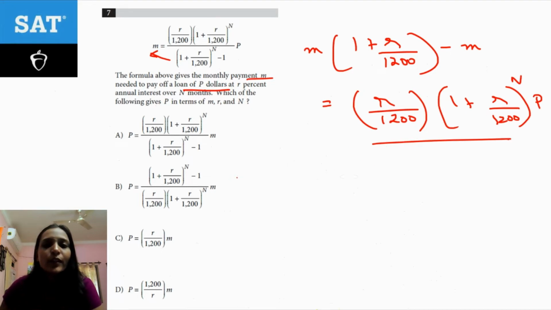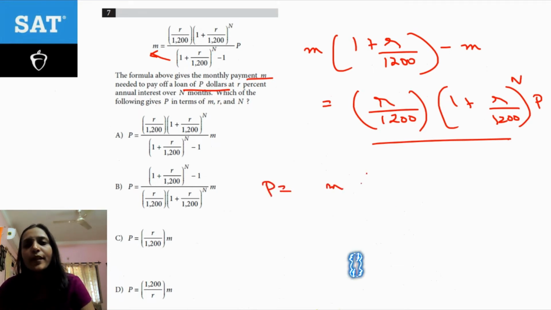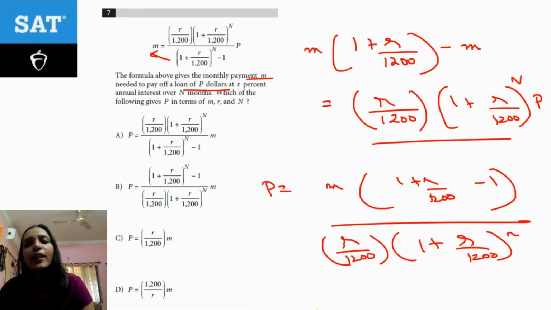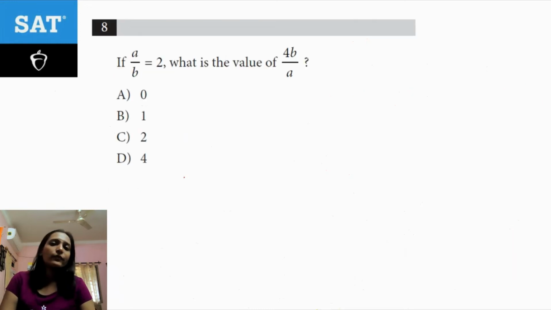So that's what I will be looking for. Let's see what that looks like. So P would be equal to M times ((1 plus R by 1200) to the power N minus 1), whole divided by R by 1200 times (1 plus R by 1200) whole to the power N, which seems to be, by the looks of it, option B. So that should be your answer.